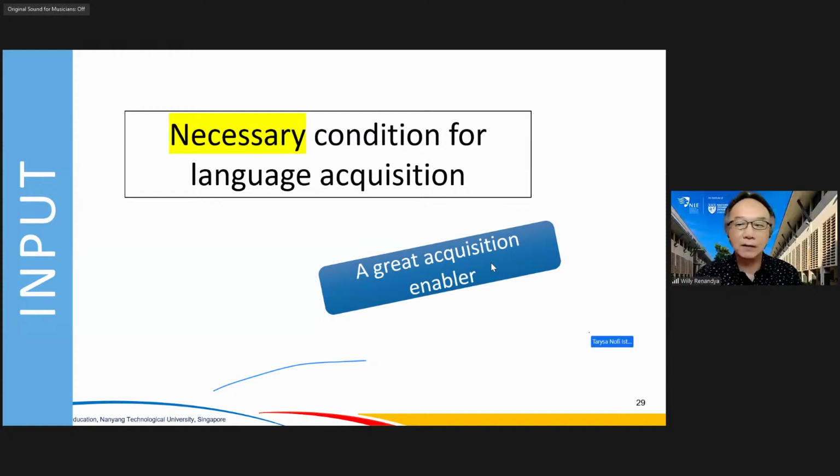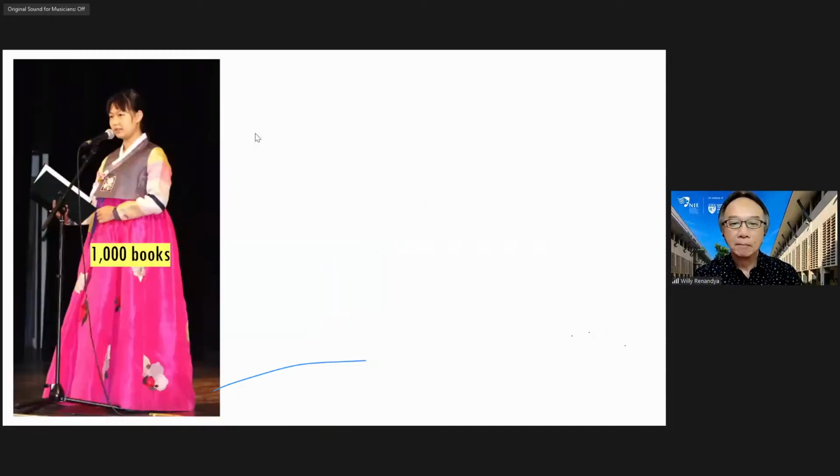Now reflect on this. In your teaching, for example, do you provide students with a lot of opportunities to read and to hear the language? If the answer is yes, I think chances are higher that your students are beginning to develop a very strong second language linguistic system in their head. Mungkin, maybe you need some evidence.